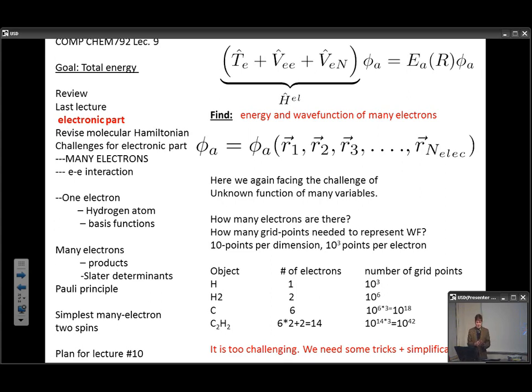And even if we are humble, if we understand that it is not possible to solve it analytically, mathematically, if we are targeting numerical solutions, still it is very challenging. So same analysis as we did in the last lecture.